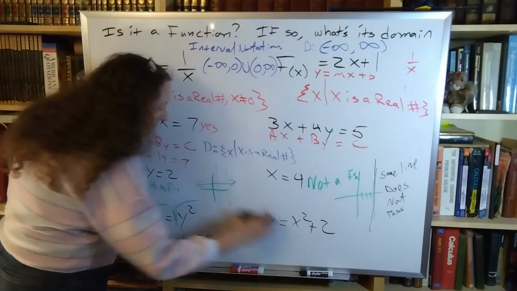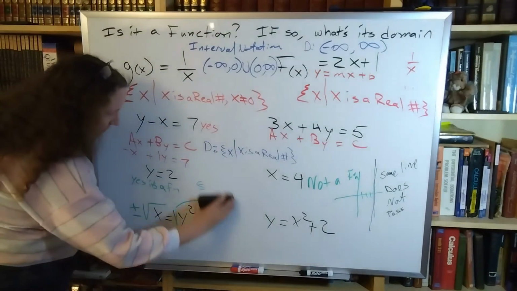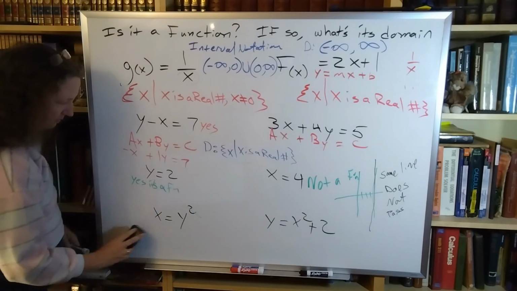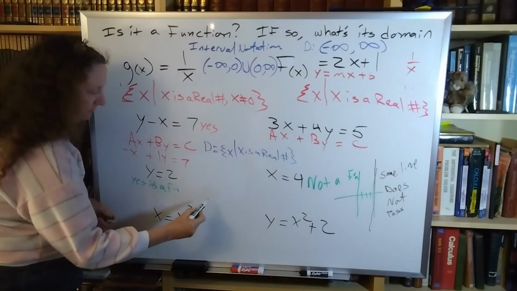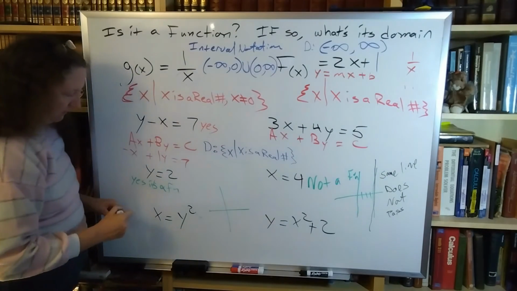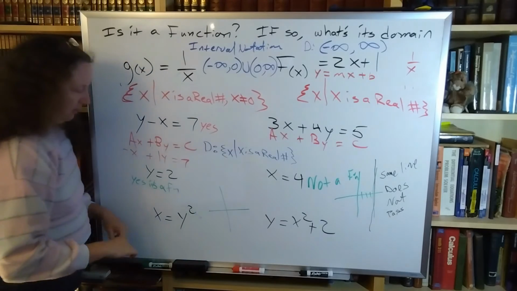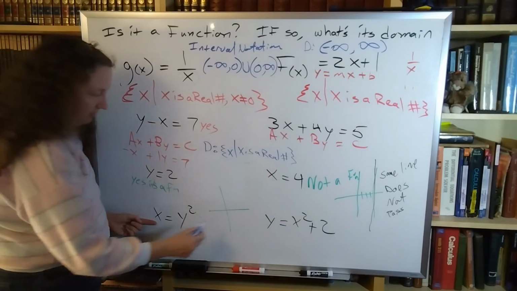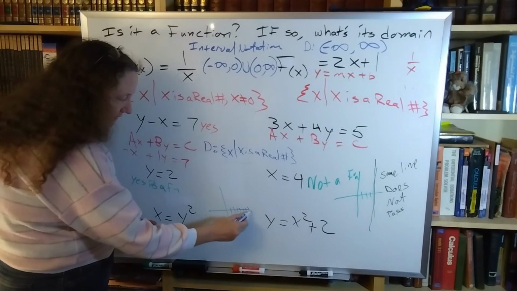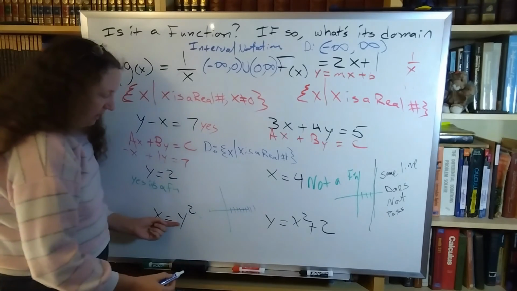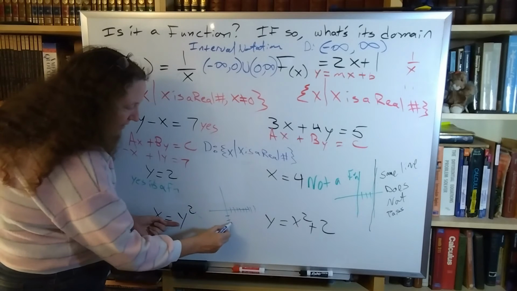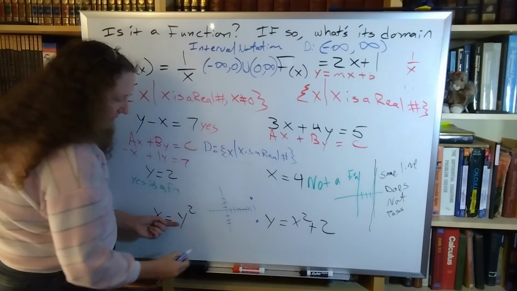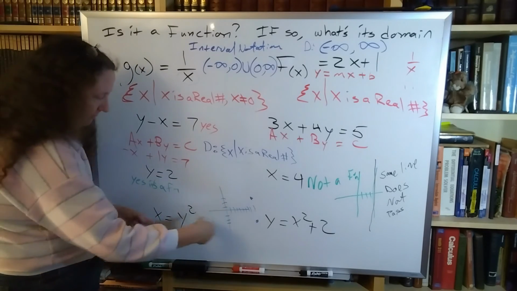If I were to do a graph of this, drawing a graph, as I said, if I use 9 for x, so 1, 2, 3, 4, 5, 6, 7, 8, 9, I can use either positive or negative 3 for y.